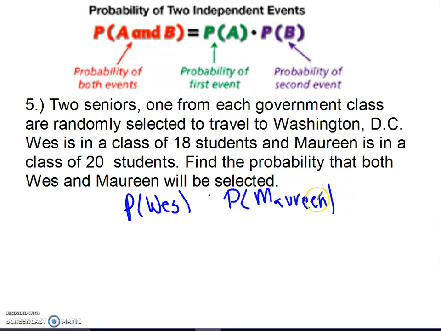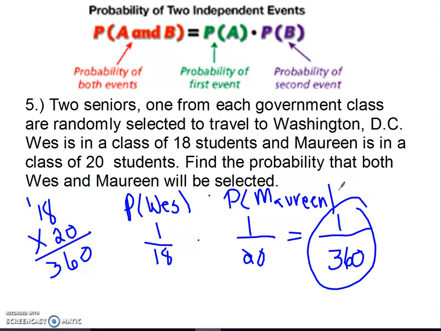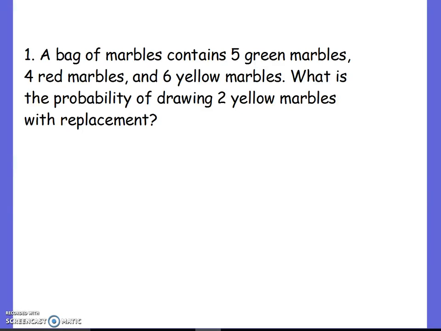There's only one Wes out of a total of 18, and there's only one Maureen out of a total of 20. So we can't simplify. Top times top is 1. We have 18 times 20. 2 times 8 is 16. 2 times 1 is 2, plus 1 is 3. So we have 1 over 360.